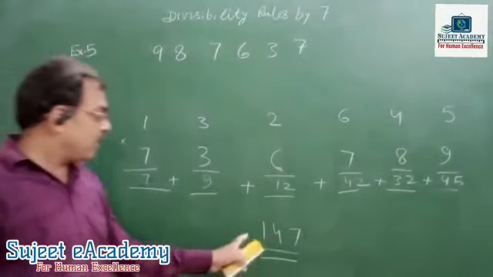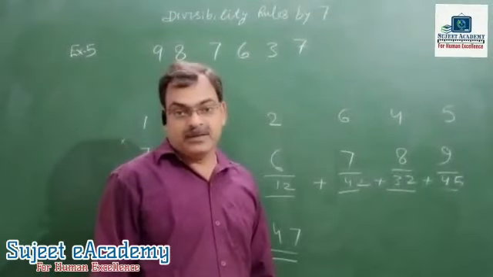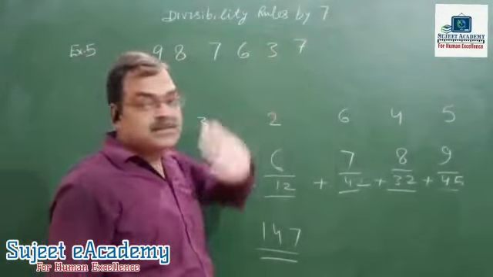You see that 147 is divisible by 7 again. Hence this number is divisible by 7.